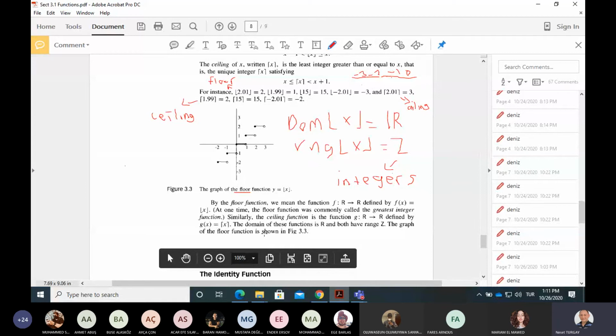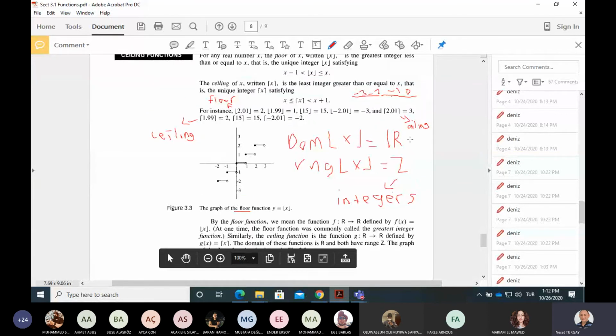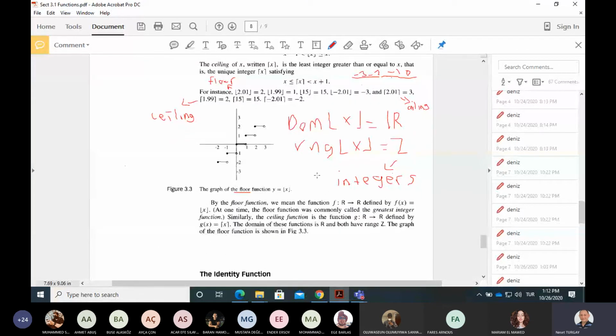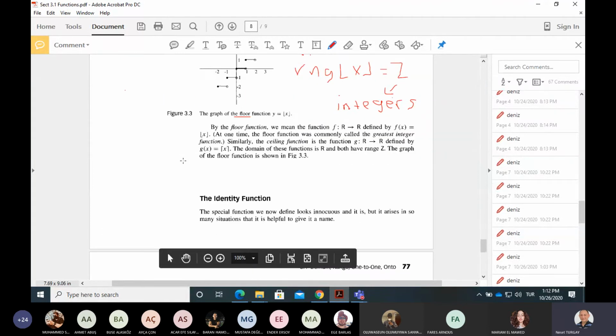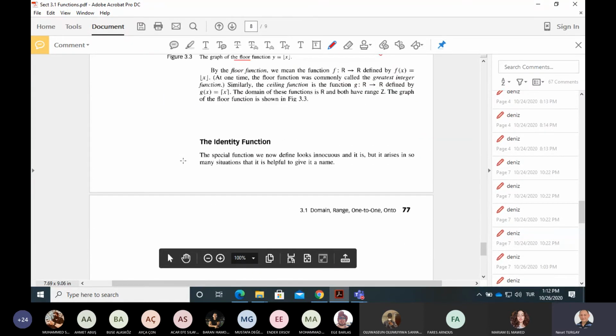These both have domain R, but range Z, integers, because as you see, we always find some integer in the answers. So domains are real numbers, but ranges are integers. My friends, we are very happy to understand.